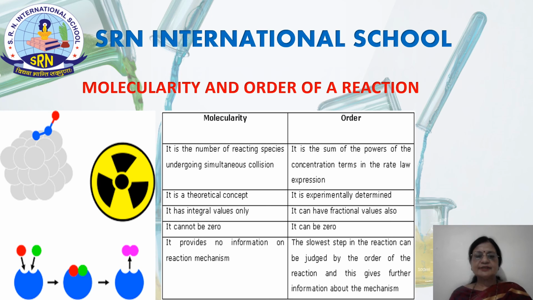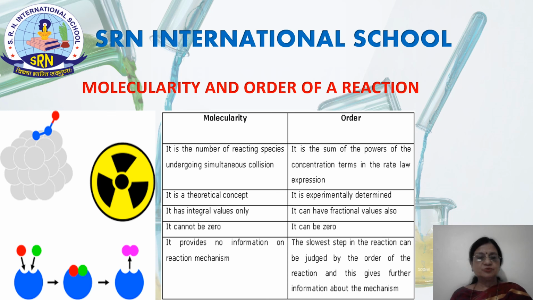Molecularity is a theoretical concept, whereas order is an experimental concept. That is, it can be determined experimentally. Molecularity has integral values only, whereas order can have fractional values also. Molecularity cannot be zero, but the order of a reaction can be zero.